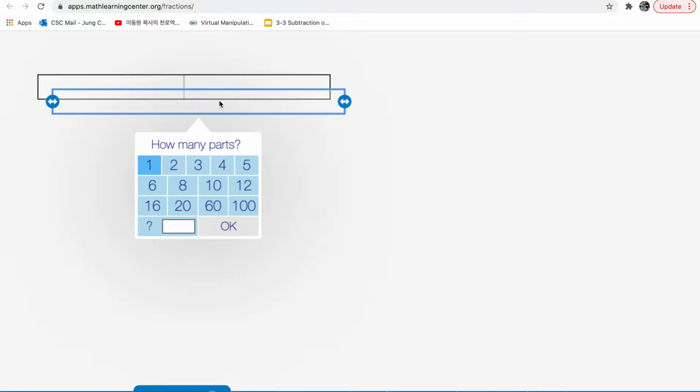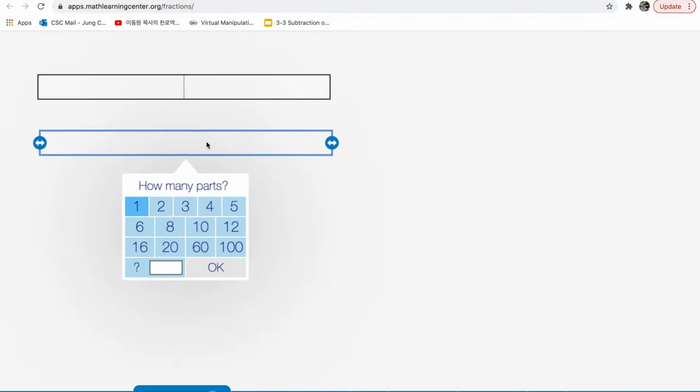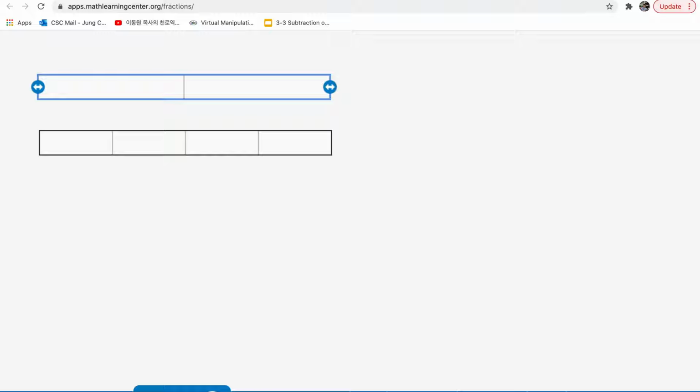Let's have another one exactly the same size of chocolate bar, but this time we are making this into 4 equal parts. So to represent 1/2, we have only 1 part out of 2. And in this chocolate bar, to show 1/4, we have only 1 part out of 4 equal parts.